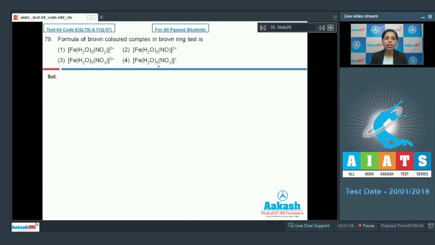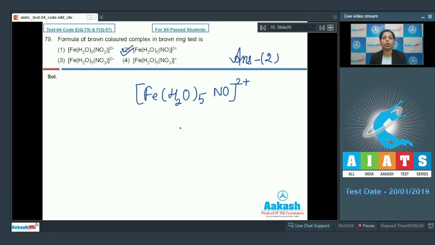The formula is, I'm just writing here, [Fe(H2O)5NO]2+. This is the complex cation that's formed, and this is given in option 2. That's why I'm choosing it as my correct option.